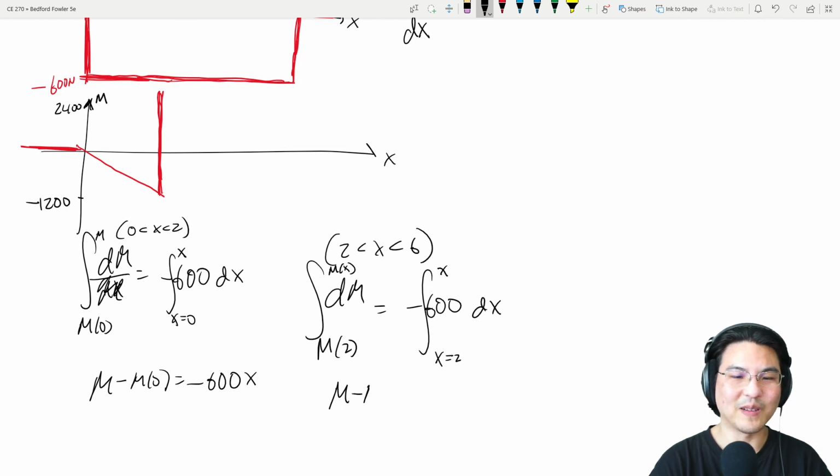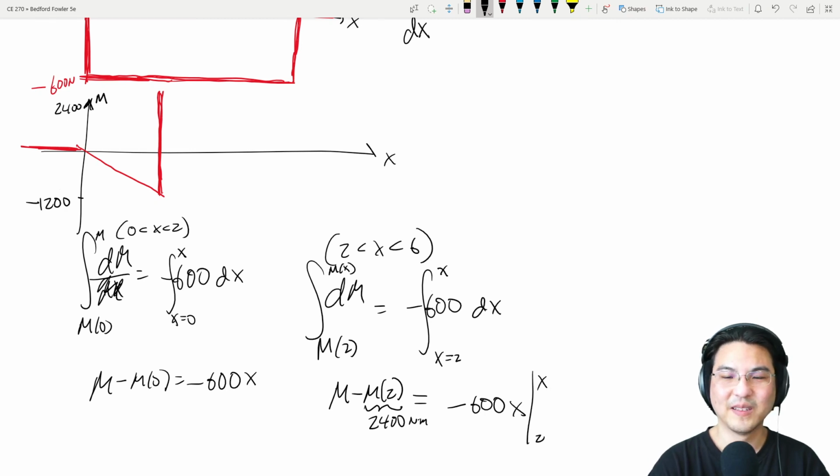Okay, so M minus M at 2, which we just said was at minus 1200 over here, and then it jumped up to positive 2400. So this is positive 2400. And then minus 600x from 2 to x.